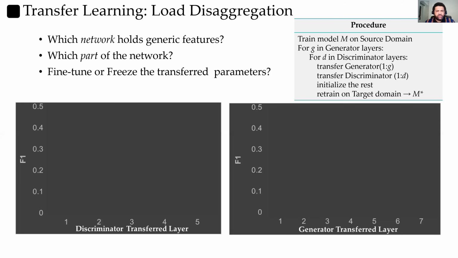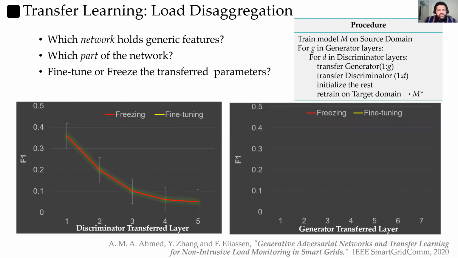On the discriminator figure, this red plot shows the case of freezing the parameters when transferred, and tells us that the more layers we transfer from the discriminator, the lower the performance on the target domain.